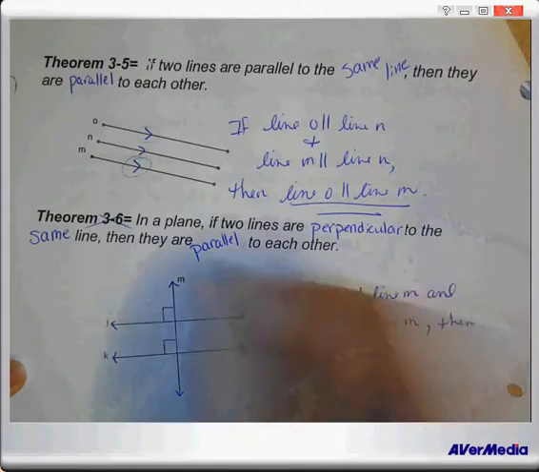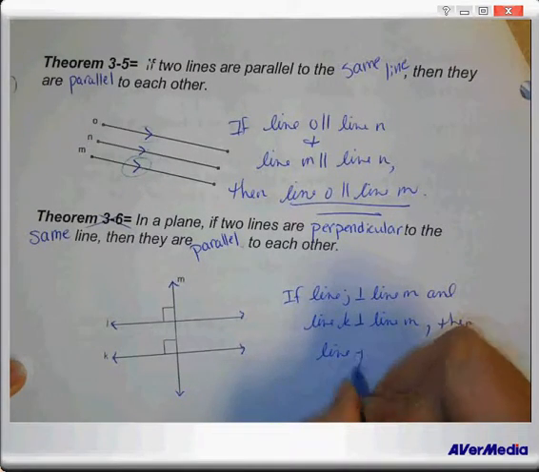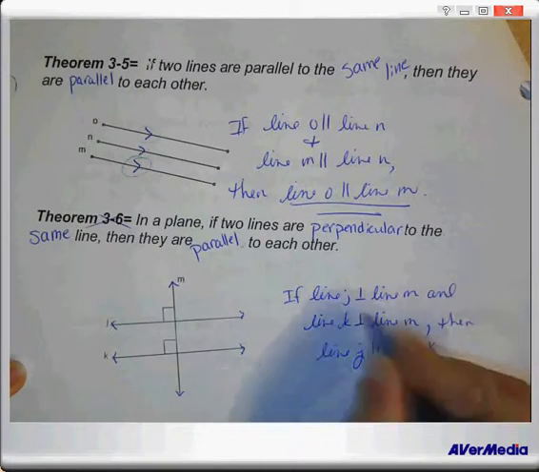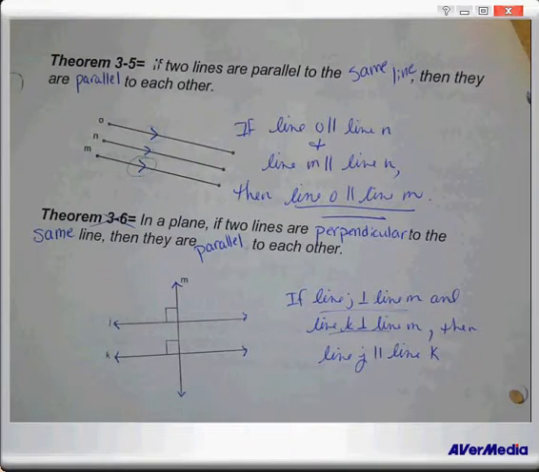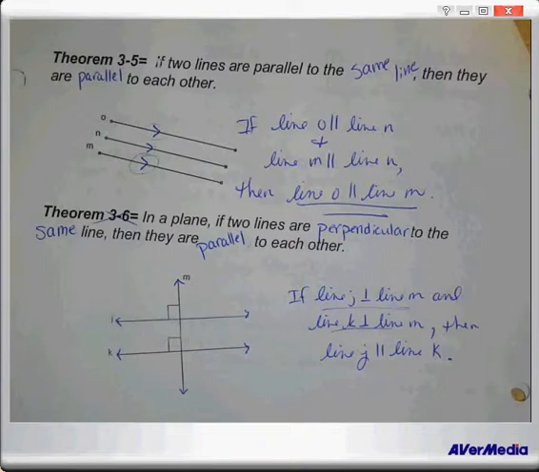They're parallel. So we can say line J is parallel to line K. So again, we have our two hypotheses. And maybe this is the LS of perpendicular stuff. I'm not quite sure, maybe if you want to say it like that. But here's the why behind this.